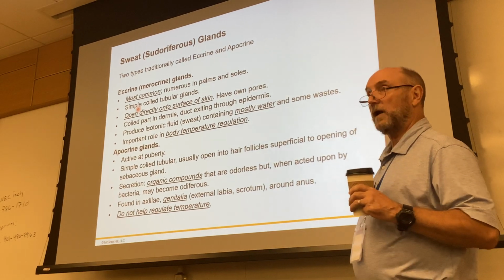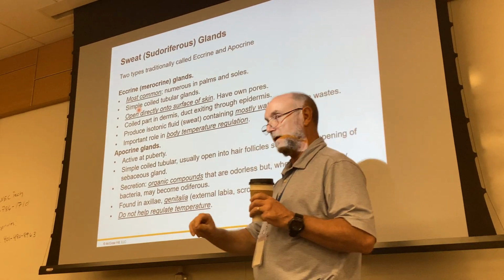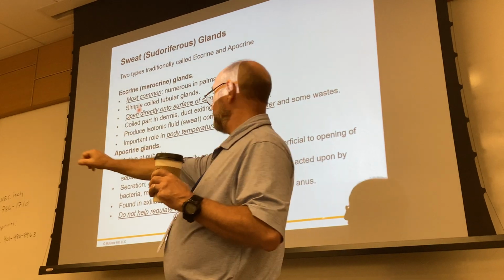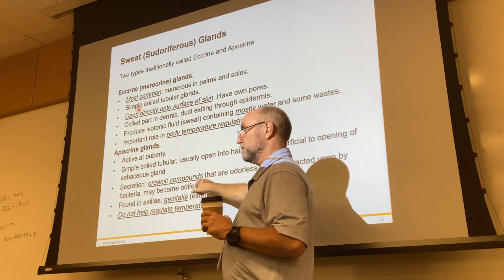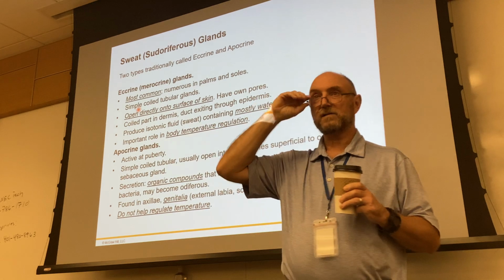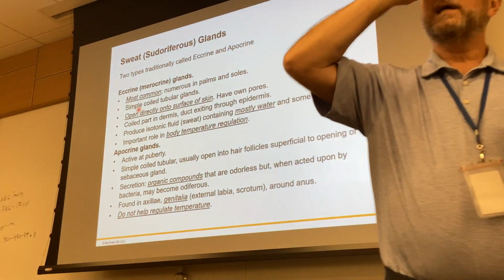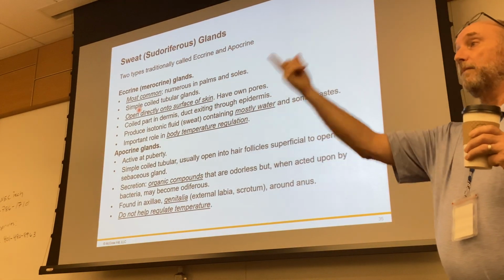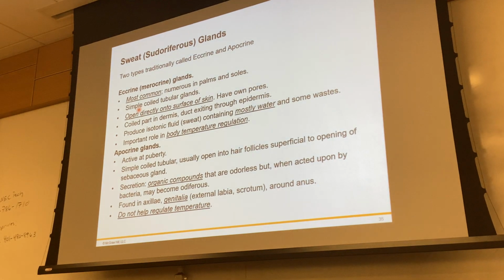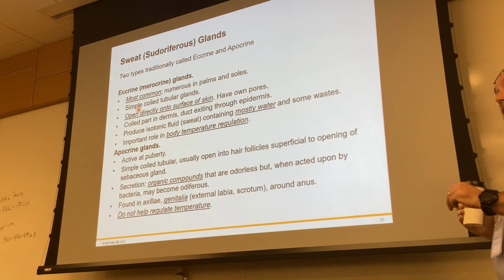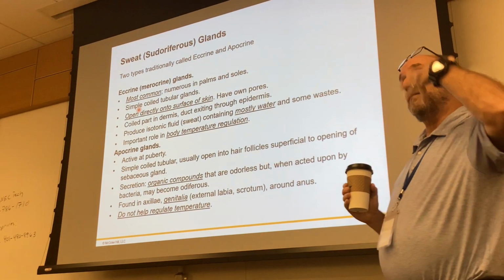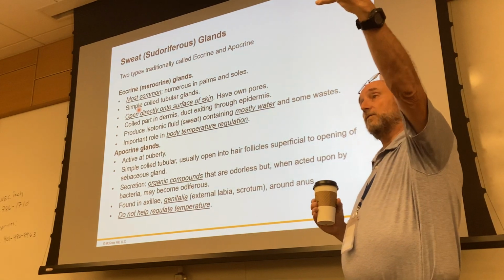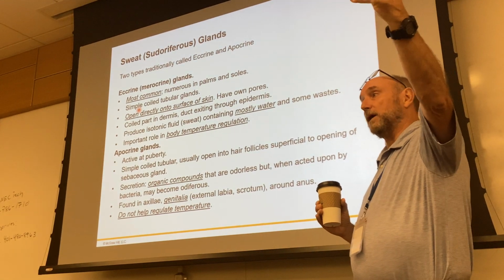Those organic compounds are not necessarily smelly, but when they attract bacteria, they become odoriferous. In other words, the smell associated with the individual is not produced by the individual, but by superficial bacteria that are breaking down that material. As they break down that material, the bacteria release those compounds, and that's the characteristic smell.